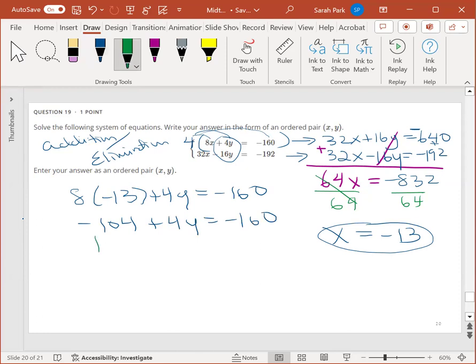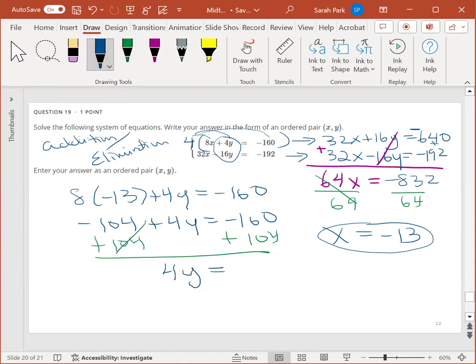We'll add 104 to both sides, and then we get 4y equals, double checking that in my calculator, negative 56.